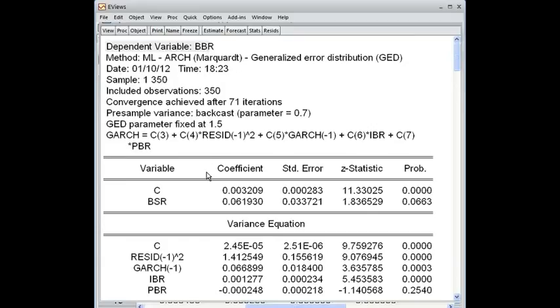Okay, so here what is happening? ARCH is significant. GARCH is also significant. IBR is also significant. But what about PBR? What is the p-value? 25.4%, which is more than 5%, meaning that PBR is not significant.